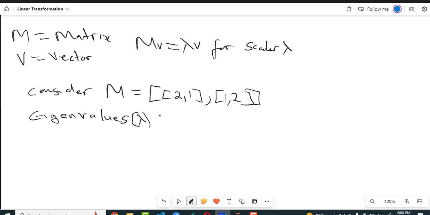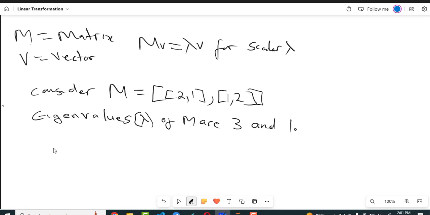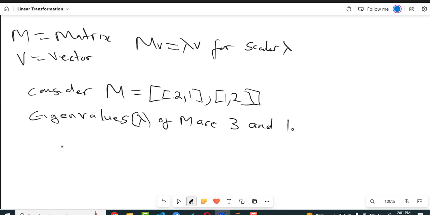So the eigenvalues of our matrix M are 3 and 1. It means now the eigenvectors.